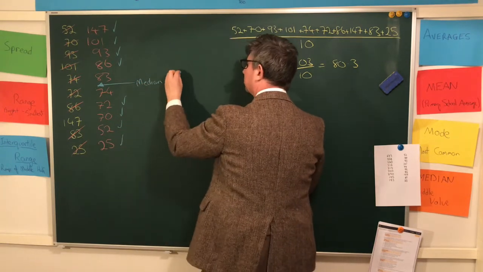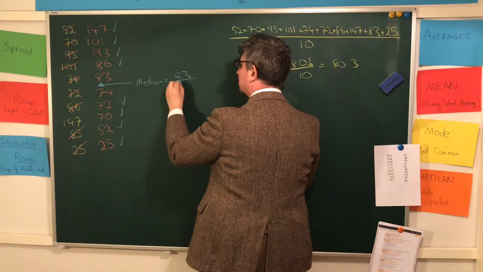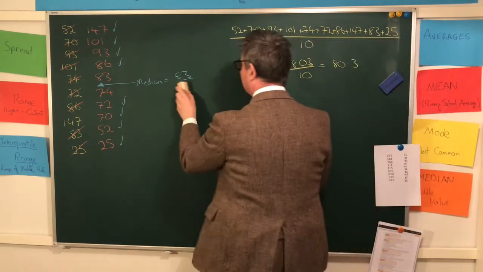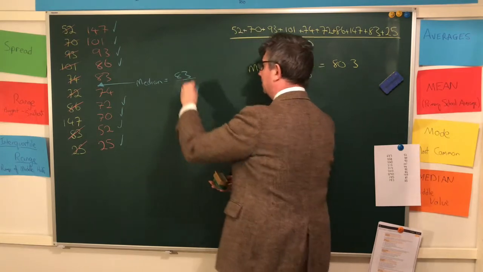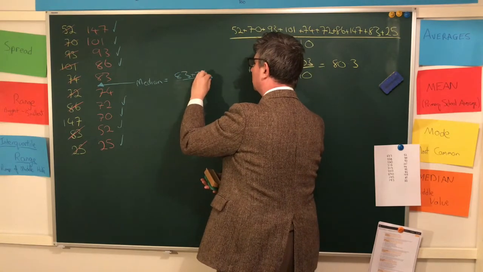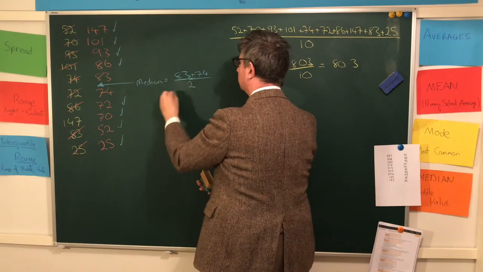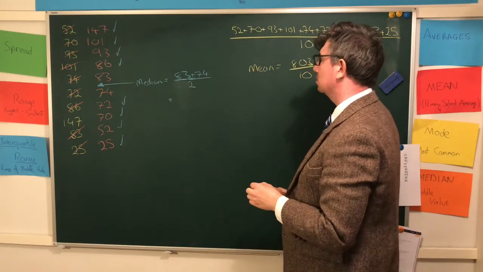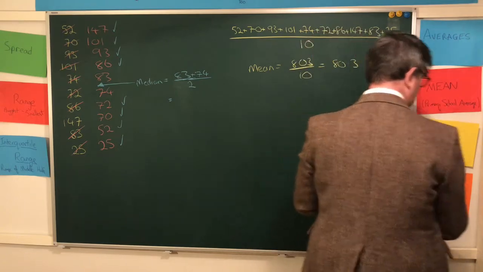So it's equal to 83 all over 74, sorry. 83 plus 74 all over 2, which is equal to 157 divided by 2, that's 78 or something, is it?